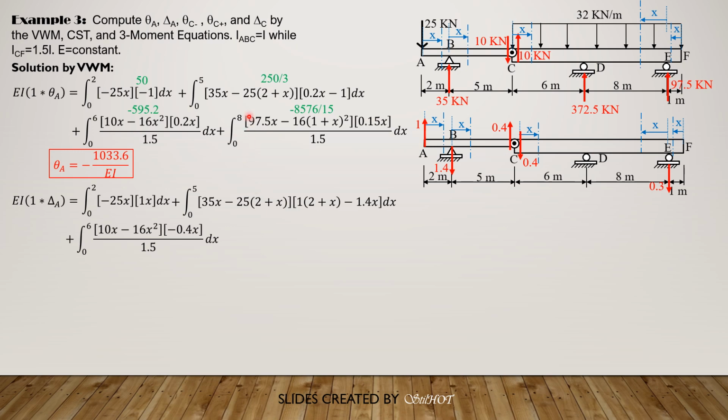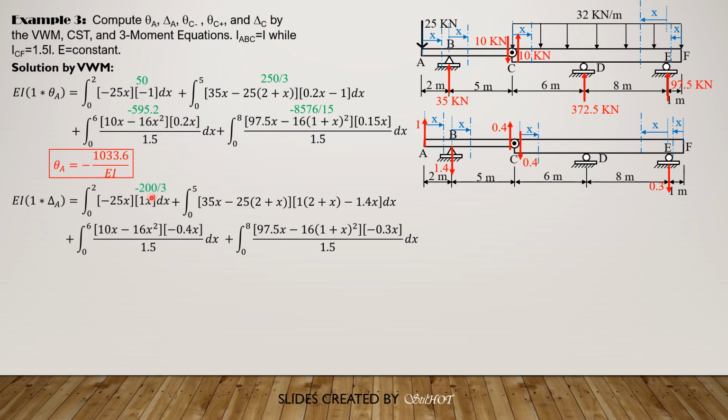Then integral from 0 to 8, because here is 0. So 0 to 8, we copy the original moment due to the actual loads, 97.5x minus 16(1 plus x) squared. Then for this part, it is positive 0.3x. Replace that by positive 0.3x, then divide by 1.5 dx.